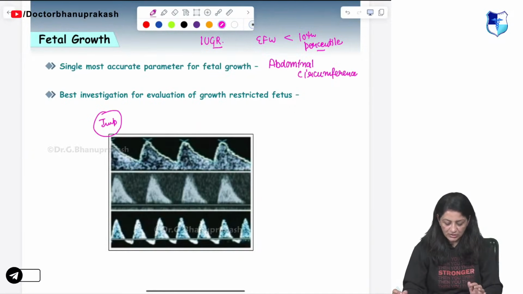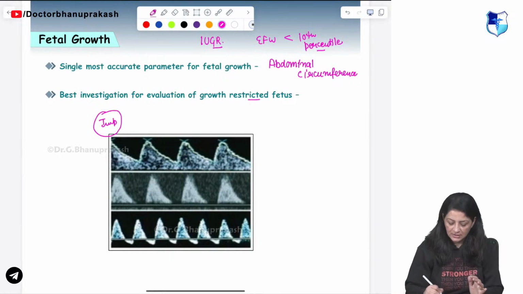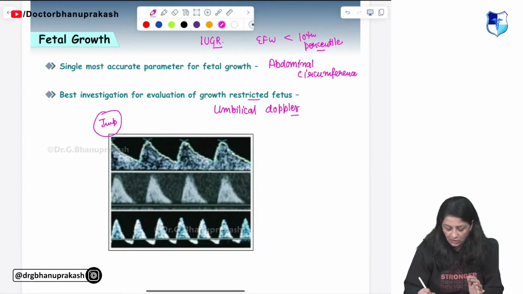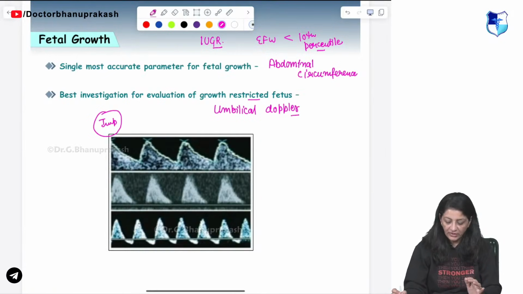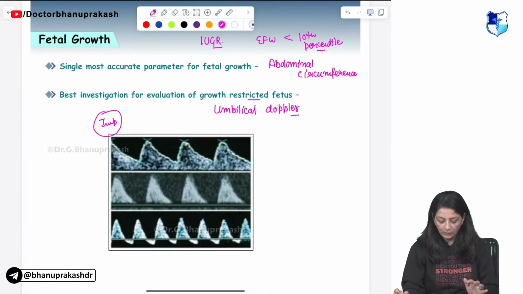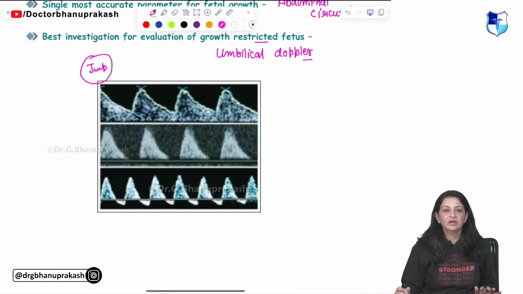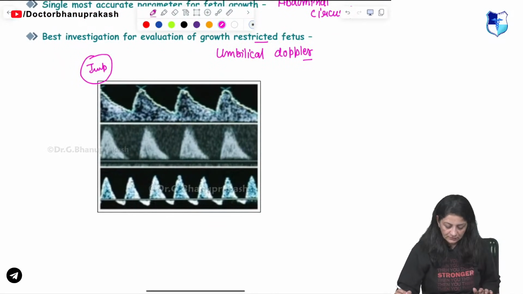So in IUGR, Doppler is important. Best investigation for evaluation of growth restricted fetus is umbilical Doppler. Fetal umbilical Doppler. So we have three types of waves, Doppler waves.